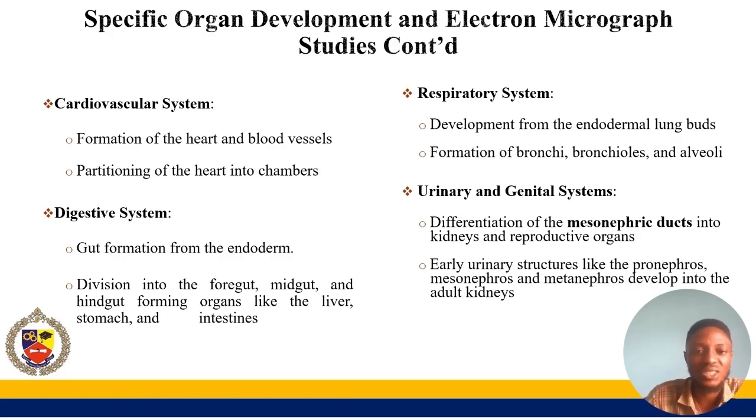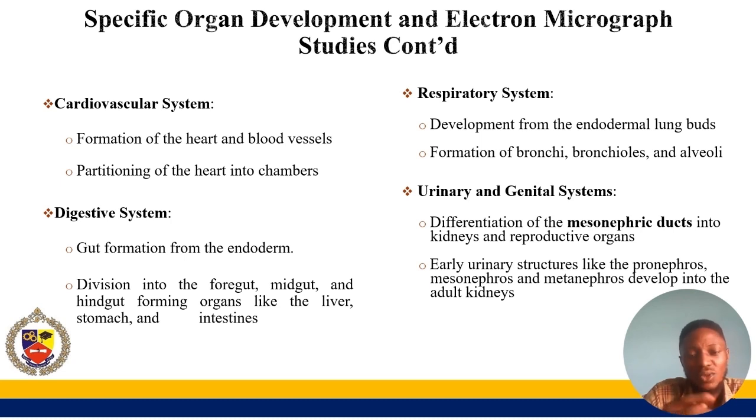We also look at the respiratory system. The digestive system involves gut formation from the endoderm, with division into the foregut, midgut, and hindgut, forming organs like the liver, stomach, and intestine. This is how the digestive system comes to be.